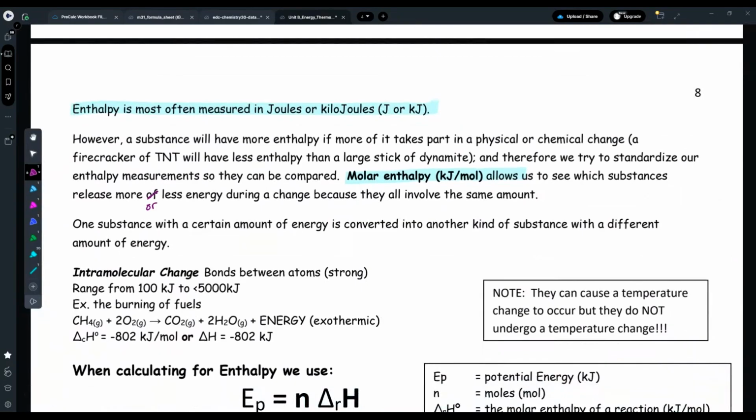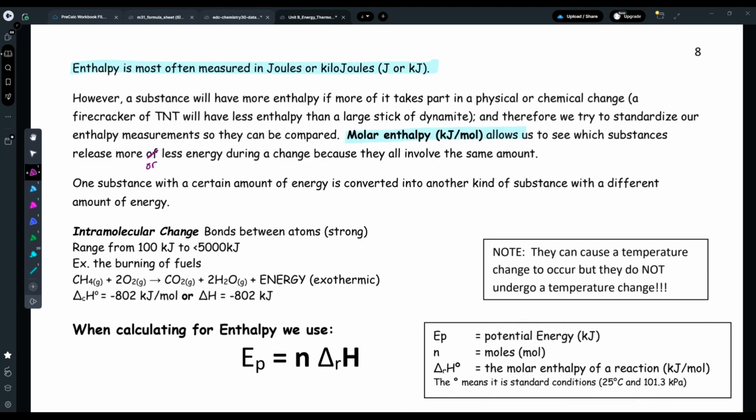When we're talking about systems and their physical or chemical changes, we're interested in how much energy is being lost or absorbed. If we look at one substance with a certain amount of energy being converted into another substance with a different amount of energy, we can figure out the change in enthalpy or the molar change in enthalpy. It depends on what your question's asking for.